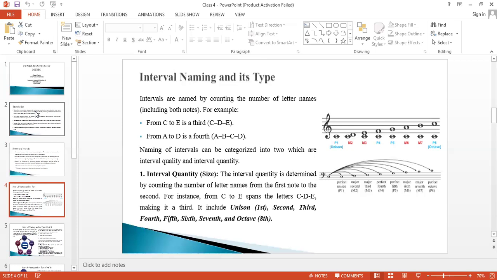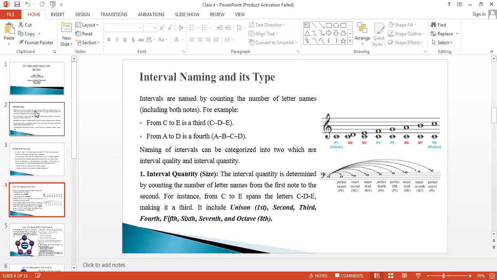We have these types of interval quantity: unison, which is the first, the second, the third, fourth, fifth, sixth, and seventh, and also the octave, which is the eighth one. The eighth one stands as like you're starting another note from the start again.